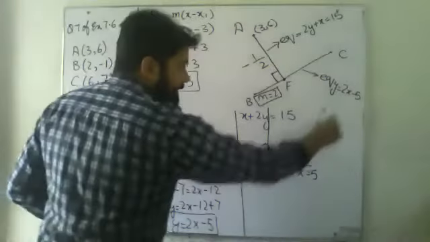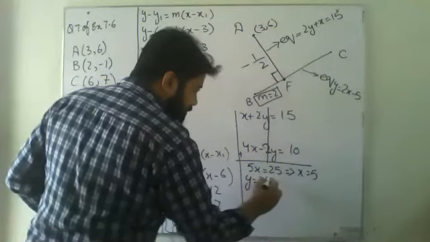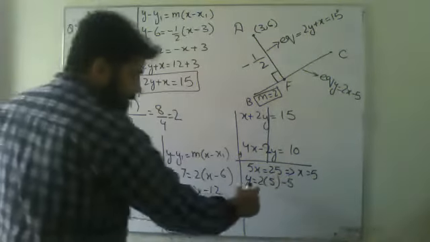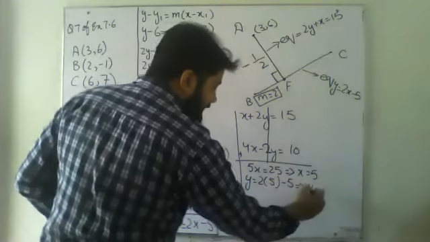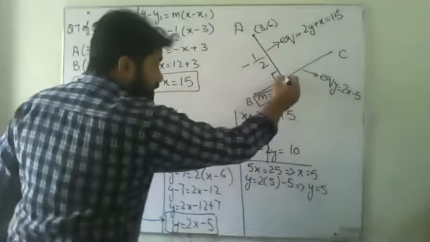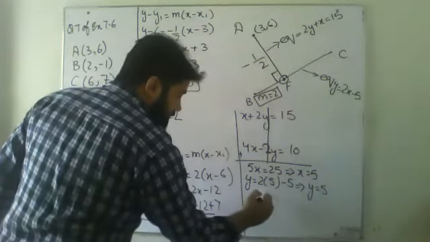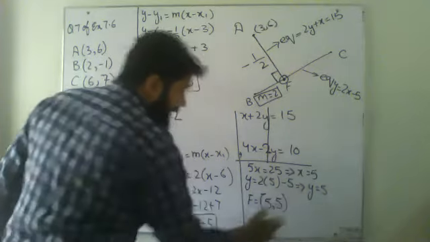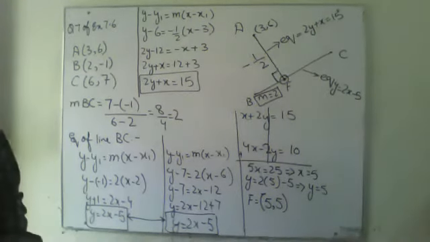I am plugging it in this one. y equals 2 times 5 minus 5. 2 fives are 10, 10 minus 5 will be 5. So this coordinate is 5 comma 5. That is called the foot of perpendicular coordinates.